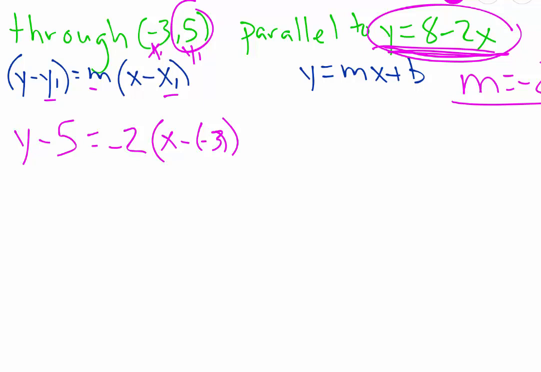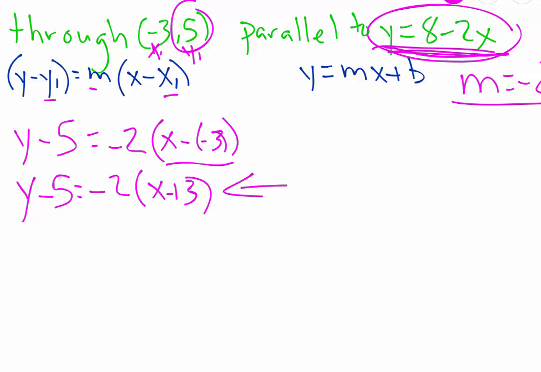Simplify this, and when we say simplify, the left-hand side drops down. We're going to drop down this -2. The only thing we really need to simplify is this double negative, where those two minuses cancel out to a plus, giving us x plus 3. This is our equation in point slope form.